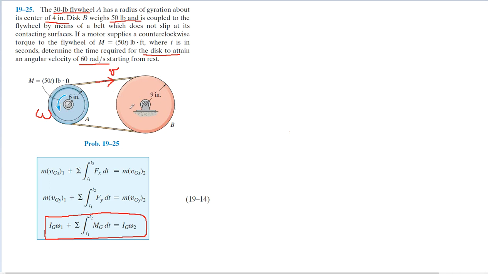So you eliminate V between the two and you get omega A over omega B. This is like very basic mechanical engineering things to know. So omega A over omega B is going to be the inverse of the radii, will be RB over RA.